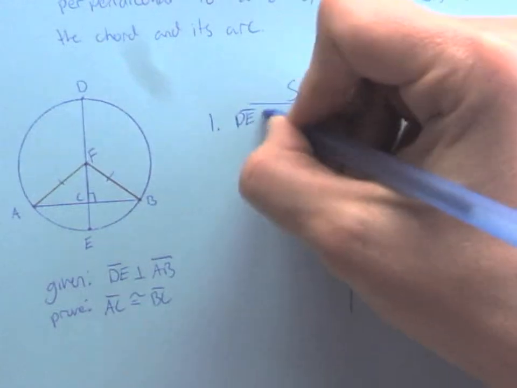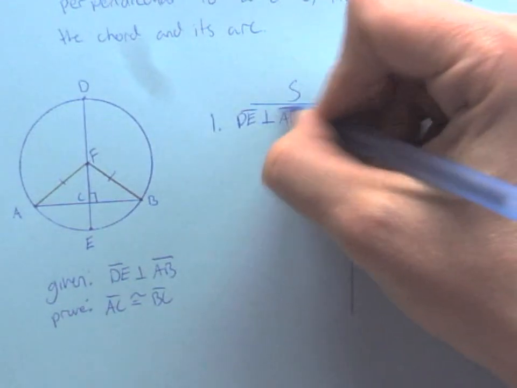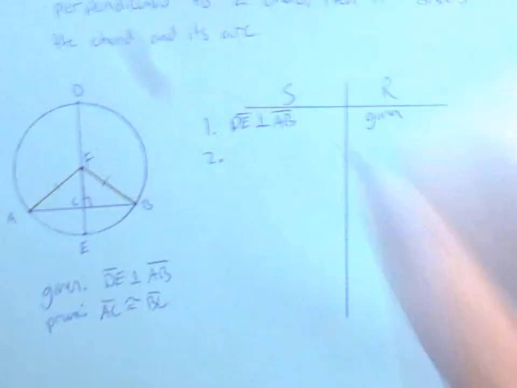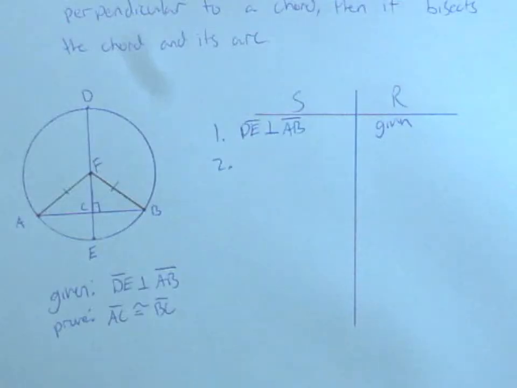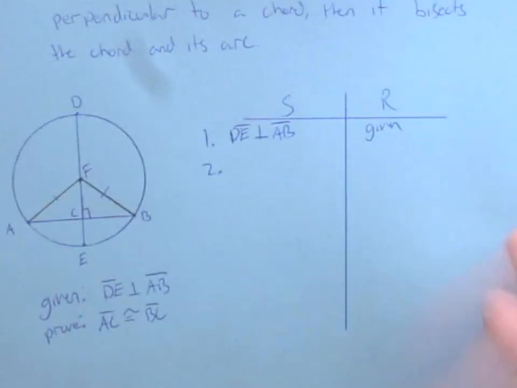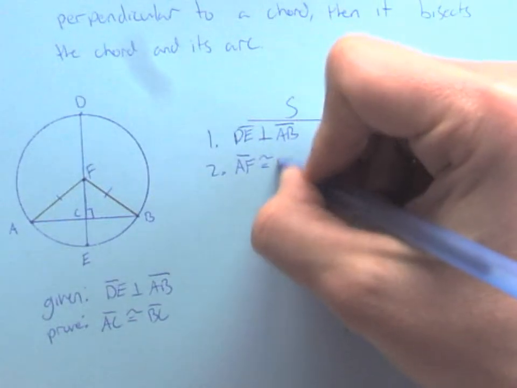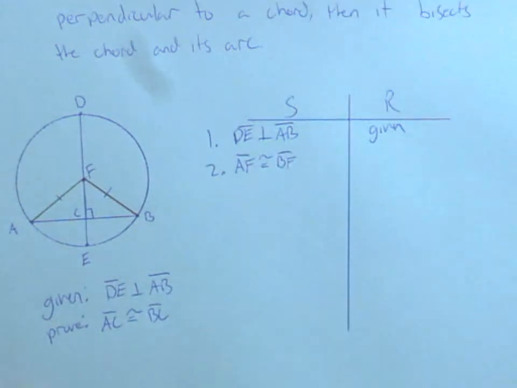All right, so let's start with the given. We got DE perpendicular to AB. Okay, given. All right, step 2, we're going to start talking about the radii that we added. We're going to say AF is congruent to BF because they're radii of the same circle.